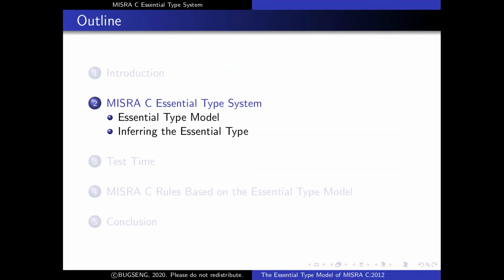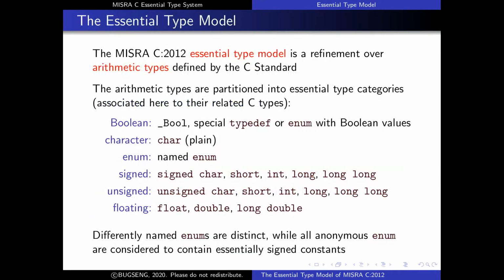Okay. So as a solution to this problem, we today explore the MISRA C essential type system. The MISRA C 2012 essential type model is a refinement over the arithmetic types defined by the C standard. And the arithmetic types are partitioned into so-called essential type categories. And the categories are as follows.